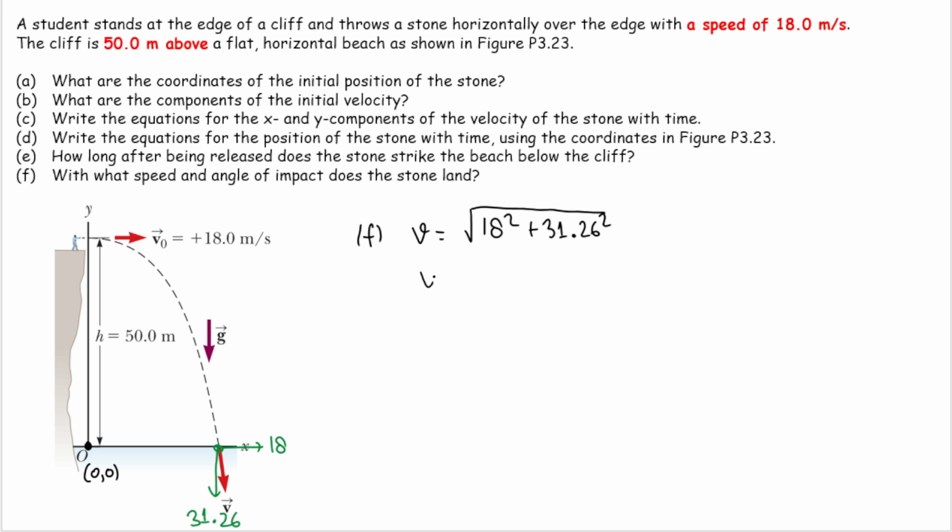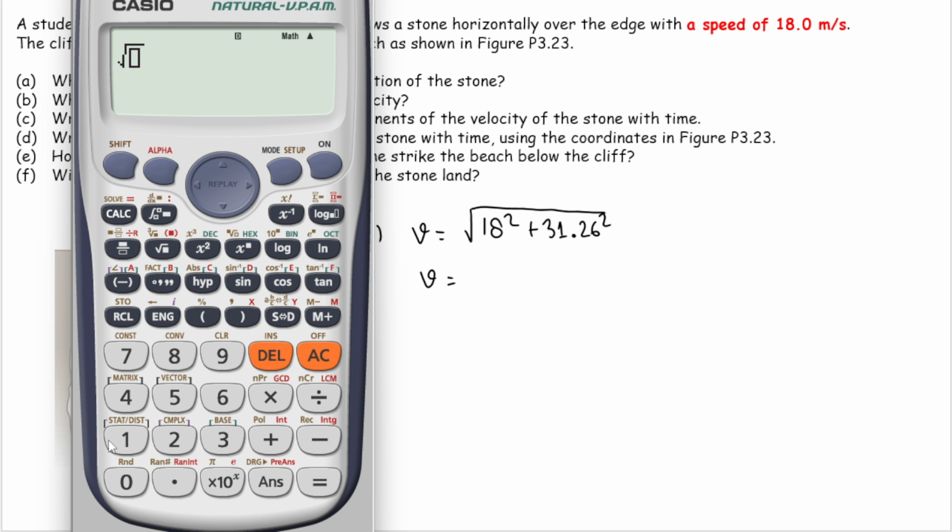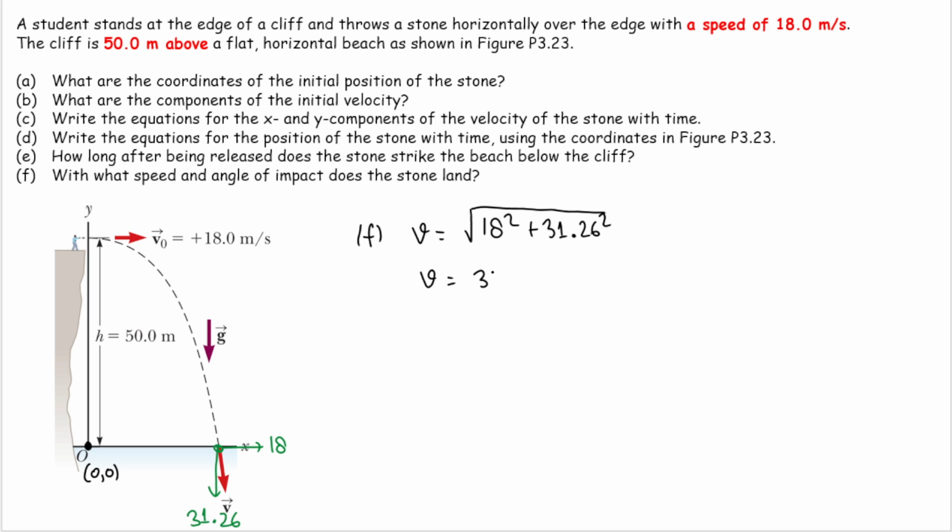Let's use the calculator for that. And I will have 36.07. The unit here will be meters per second.